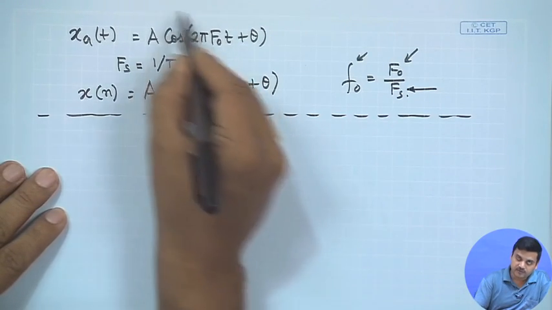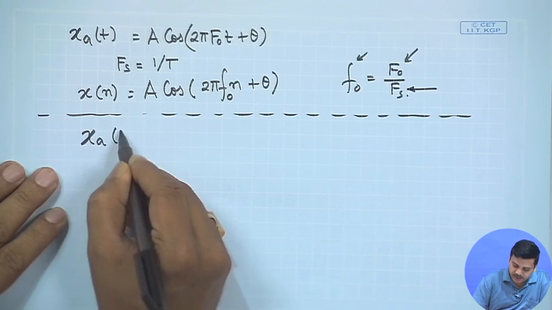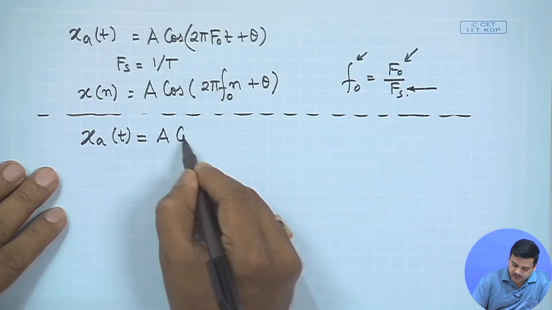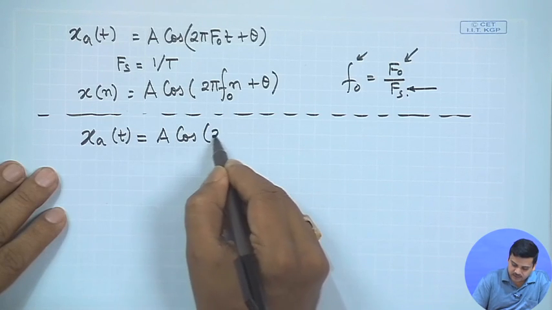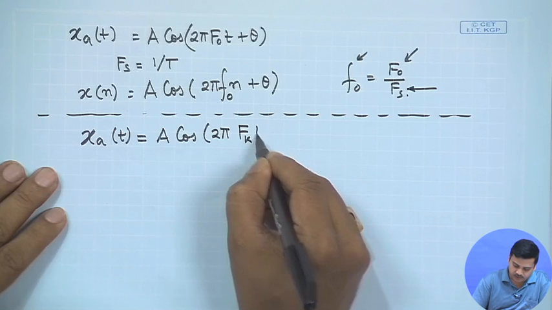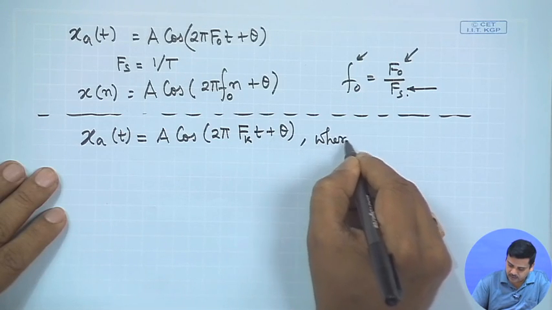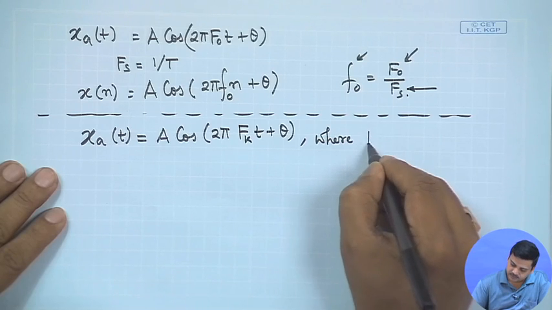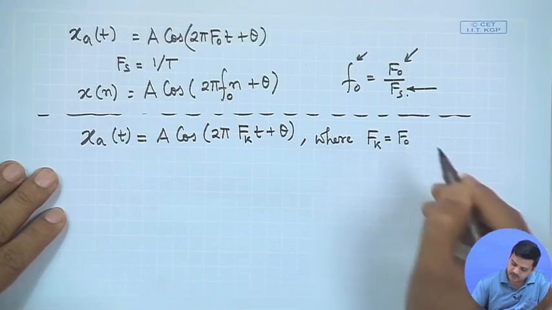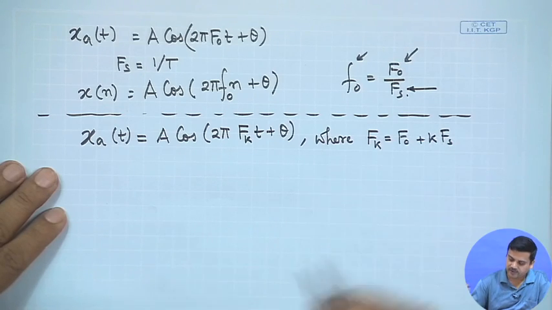Suppose instead of taking this particular signal, we take another signal or a generic family of signals, which we can write as x a of t is equal to cos 2 pi F k t plus theta, where we define F k to be equal to F 0 plus k times F s.